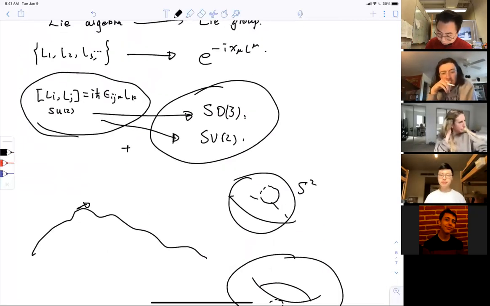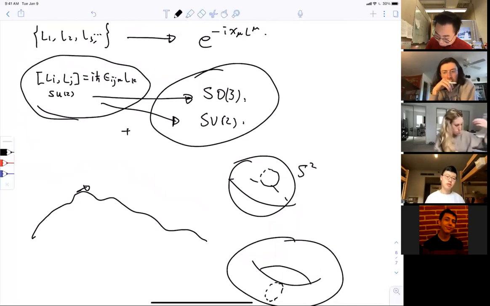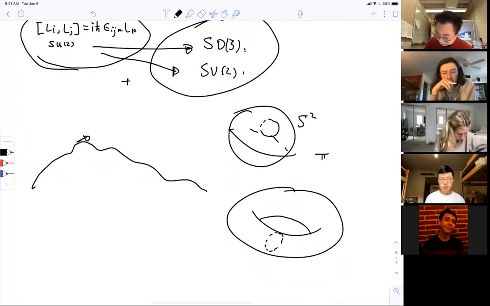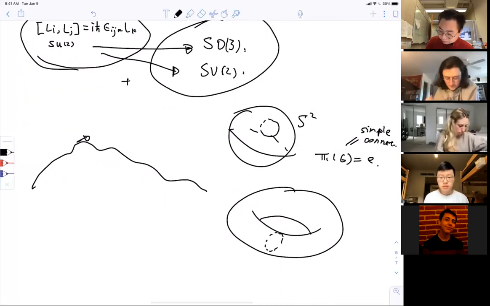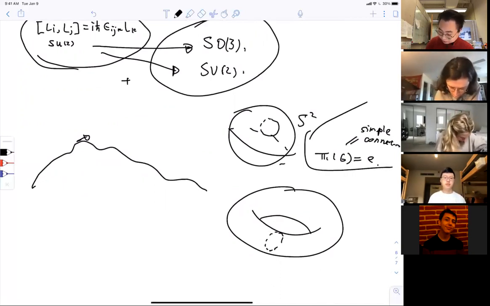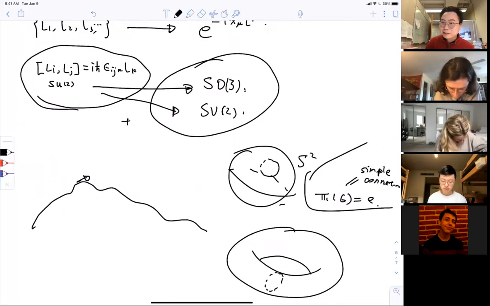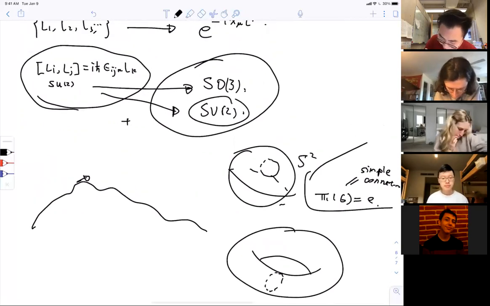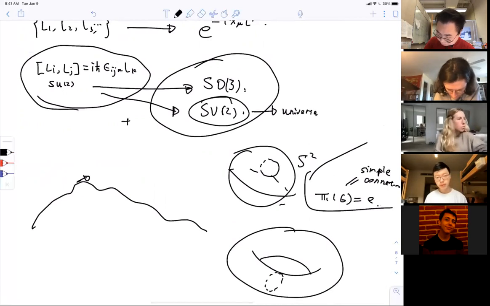Using topological language, the fundamental group of this group is trivial. But okay, let's forget about this. And there's a name for this kind of specific group. It's called a universal covering group. It's just a name.